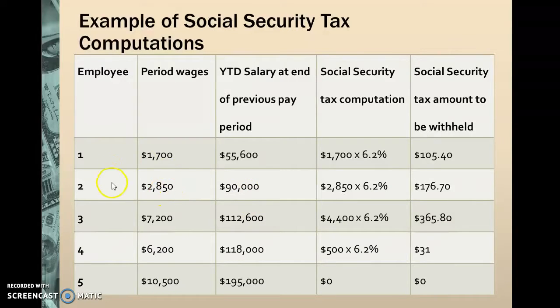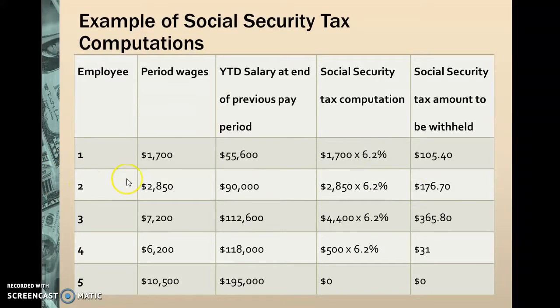So the full employee period wages of $2,850 is taxable for Social Security at 6.2%. So 6.2% multiplied by the period wages, the Social Security tax withheld is $176.70. That comes off the employee payroll check, and the employer, remember, must match that.